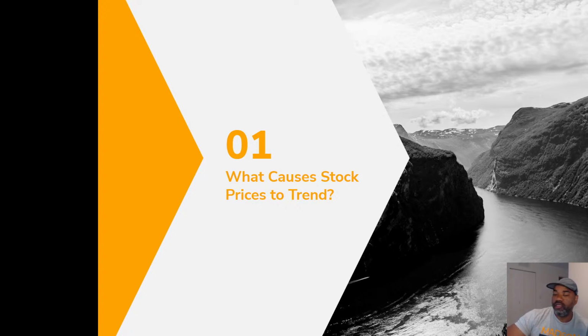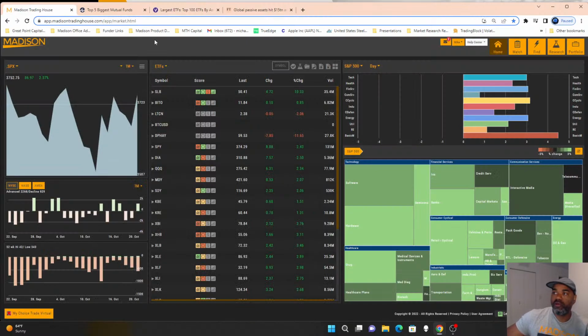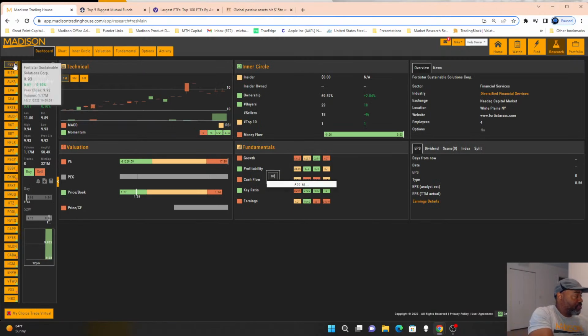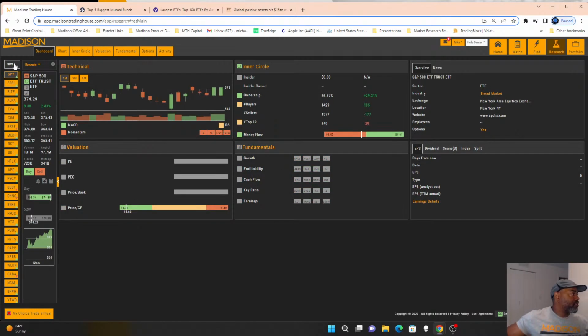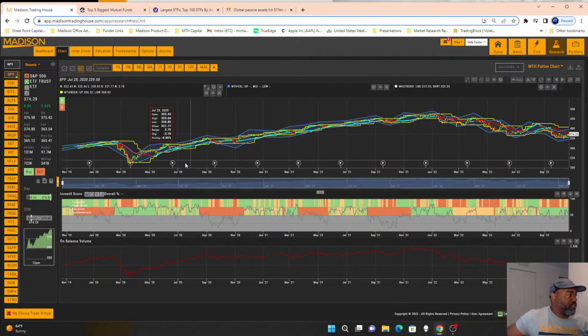A trend is what happens when something persists to repeat a certain pattern over and over again. Okay, so I'm going to jump to here, to our Madison platform, and let me just go over what a trend looks like. Okay, so if I go to a chart and I pull up the SPY on a chart, and I look at its history, I can see that it's generally gone up.